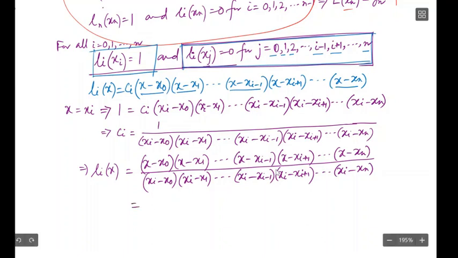If we write it in product form using the product notation, we can write it as the product over j equals to 0 to n of (x minus xj) by (xi minus xj), and the term j equal to i is not there. So, j not equals to i.